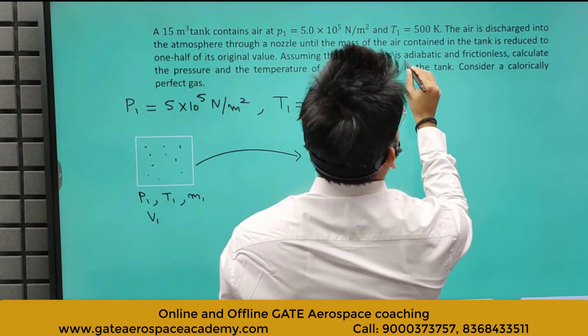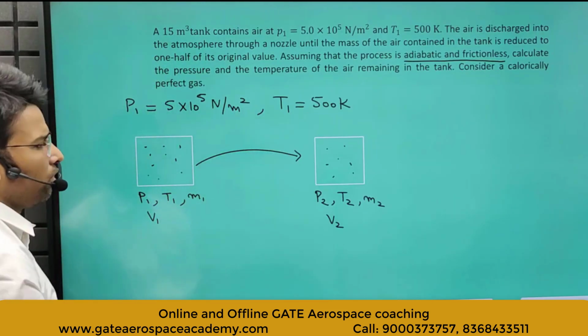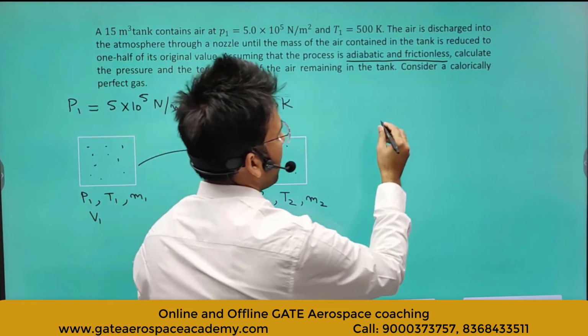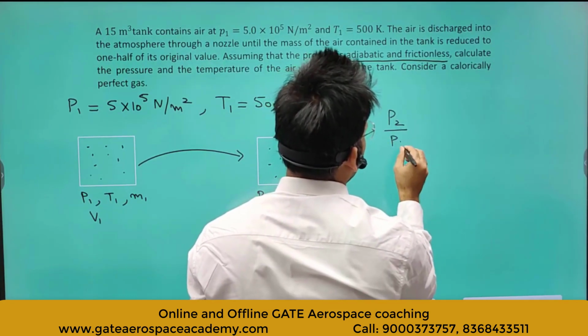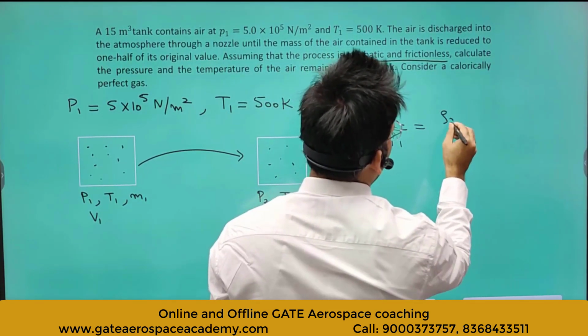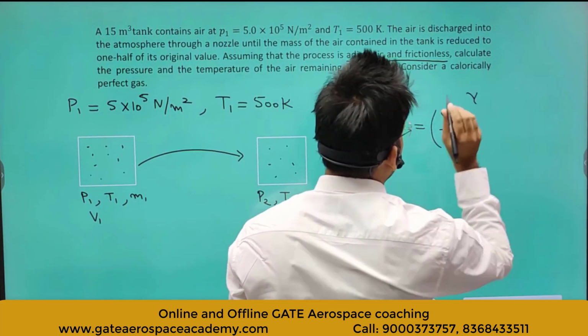So we have adiabatic and frictionless process, means isentropic. So we can apply isentropic relation. P2 by P1 is equal to rho 2 by rho 1 power raised to gamma.